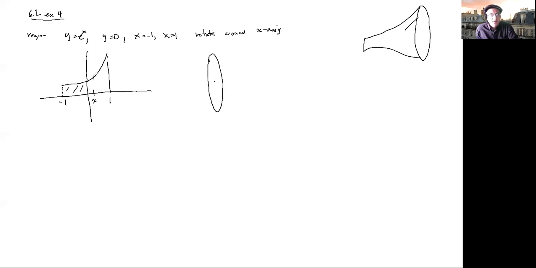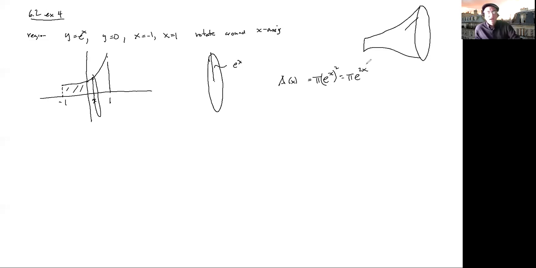The radius of the circle is e to the x. So A of x, therefore, is pi times the radius squared, so pi times (e to the x) squared, or pi e to the 2x.